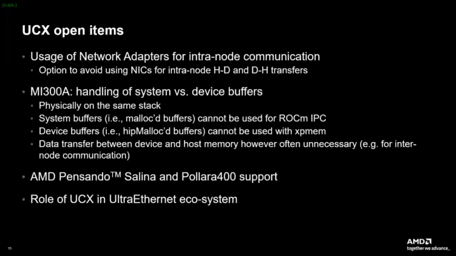So even if physically it's on the same chip, from the OS perspective they are different. For example, system buffers that you allocate with malloc, you cannot use for ROCm IPC, while a buffer that you allocated with hipMalloc can, for example, not be used with XPMEM. And that's really down to how the GPU driver, etc., is managing some of these instances.